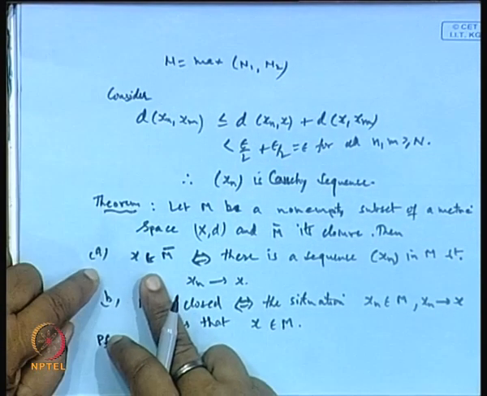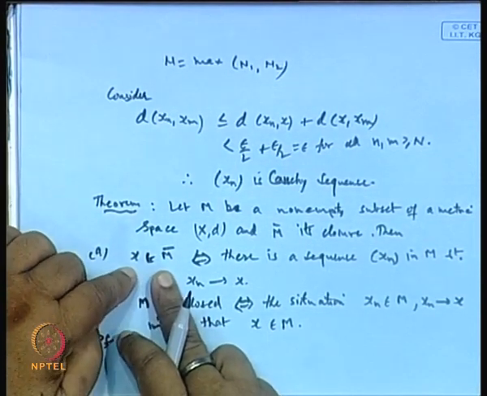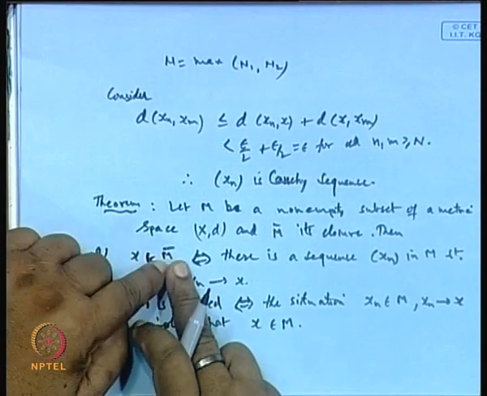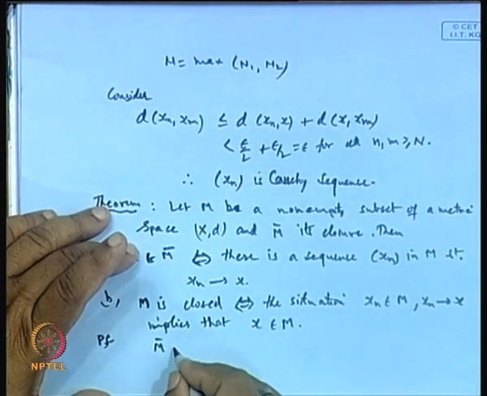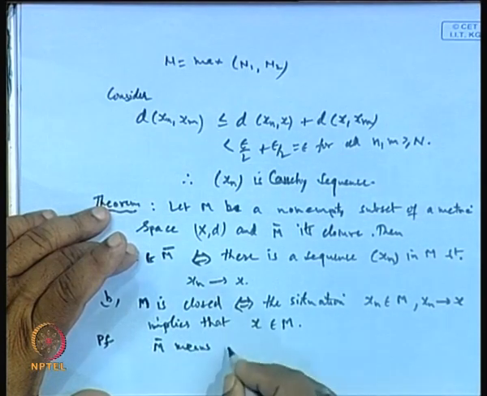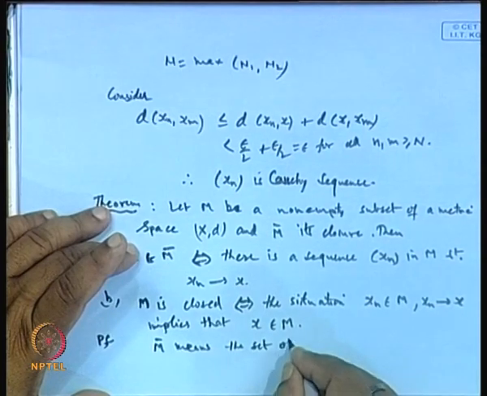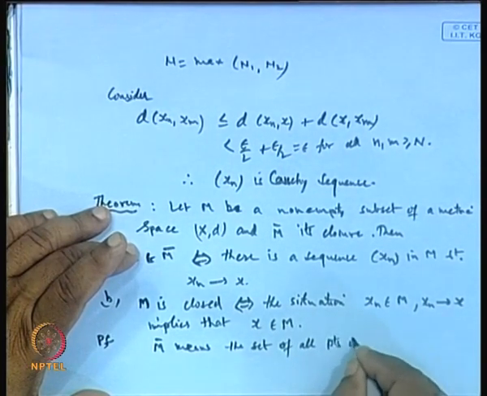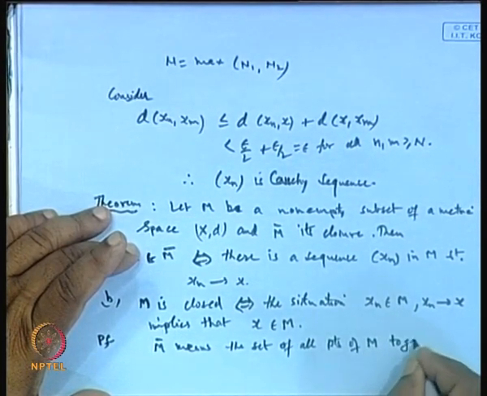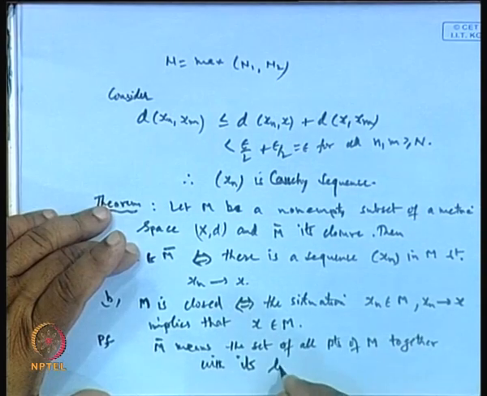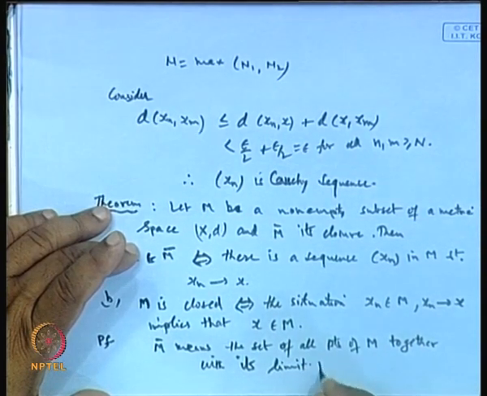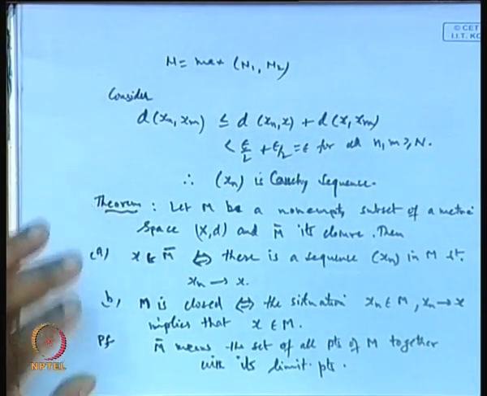If x is in M closure, M closure means the set of all the points of M together with all its limit points. Then this is the M closure.